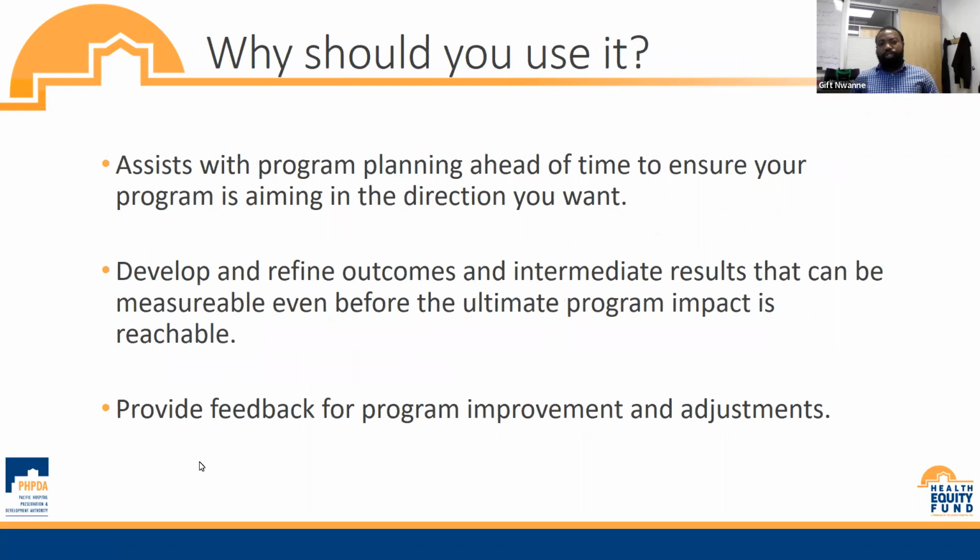The reason we utilize these tools falls into three buckets. I'll just run through them. The first is program planning, and this helps us look through the entire program path from start to finish, so we can think about the things we need to achieve the results that we have set for ourselves. The second bucket is evaluation of intermediate results.